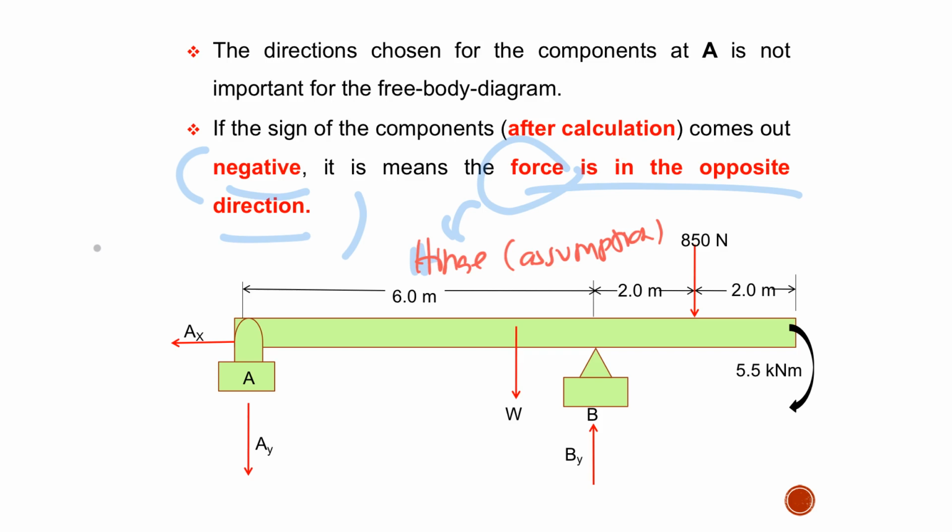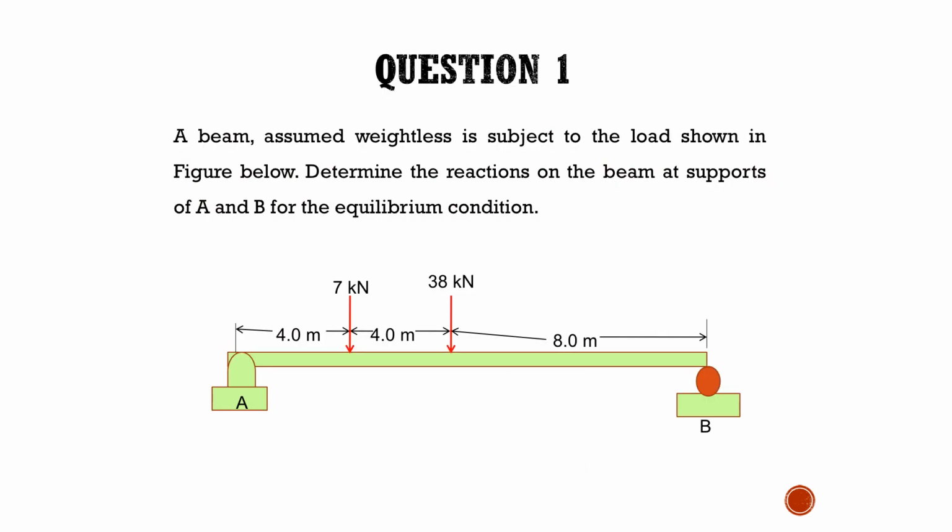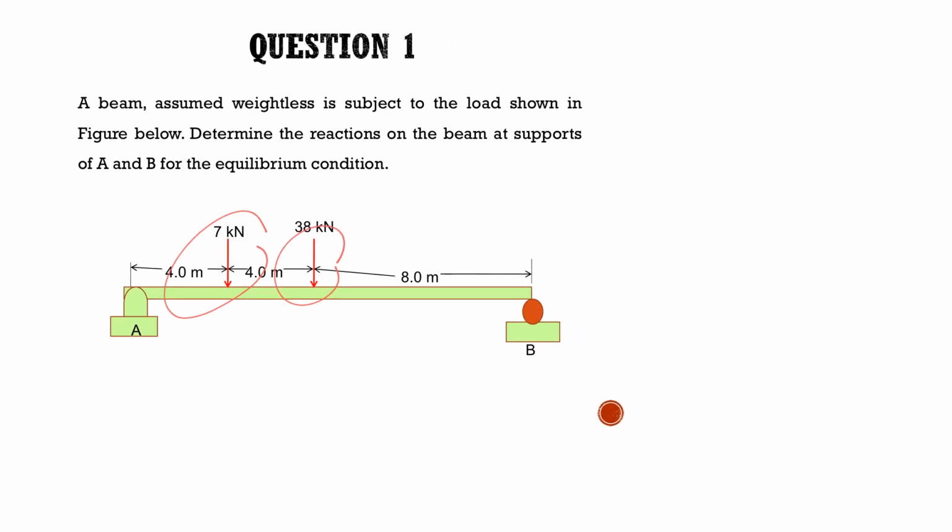You just give a statement if you get negative. This question I think is quite easy. You can do it by yourself. I wanted to find a question that has an x component. This one only has a y component, but I'm going to show you how to draw a FBD. So this one is pretty easy.